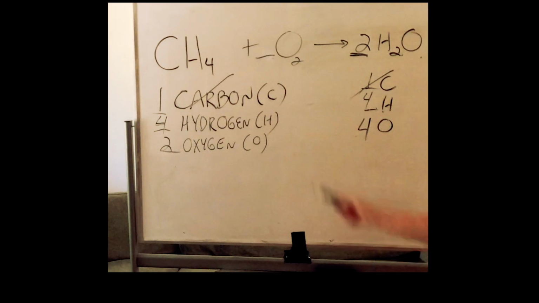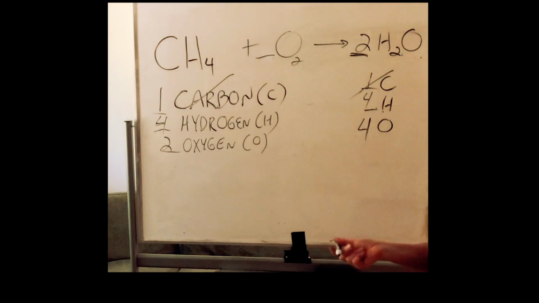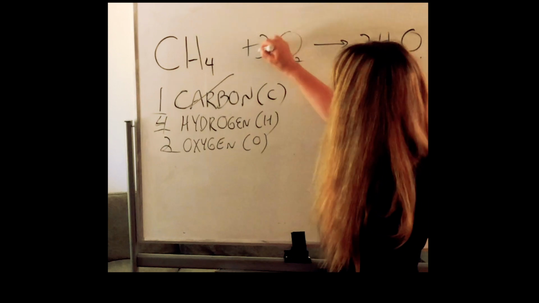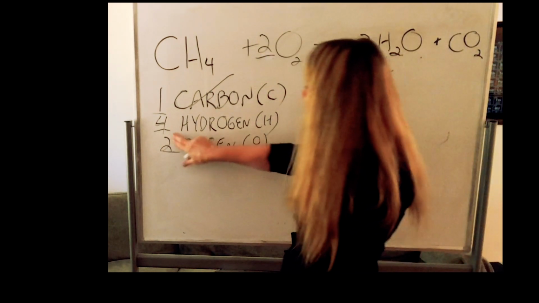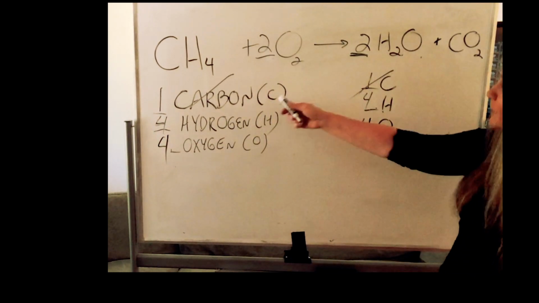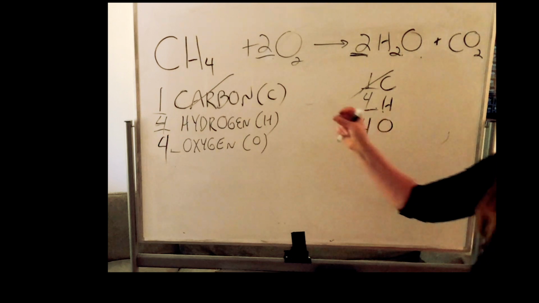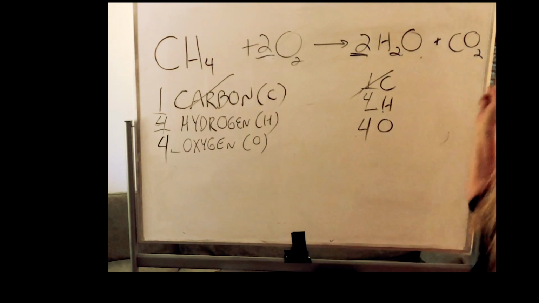We really want to figure out what number you're going to multiply times 2 to get 4, which is 2 again. All right, so now this side has 4 oxygen, and they're balanced.